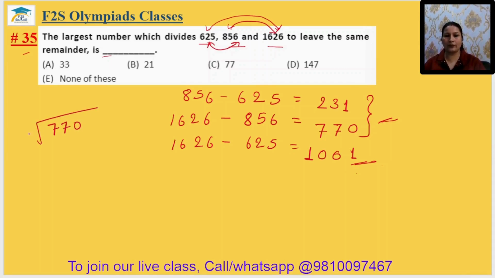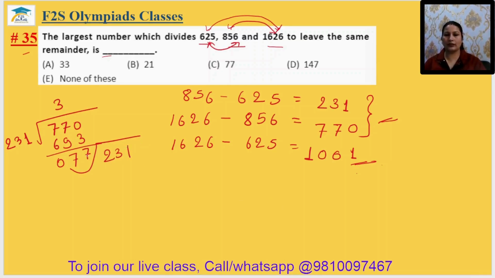770 divided by 231. So we can check 231 3s are 693. 10 minus 3 is 7, 16 minus 9, it will be 7 and 0. 77 divided by 231.